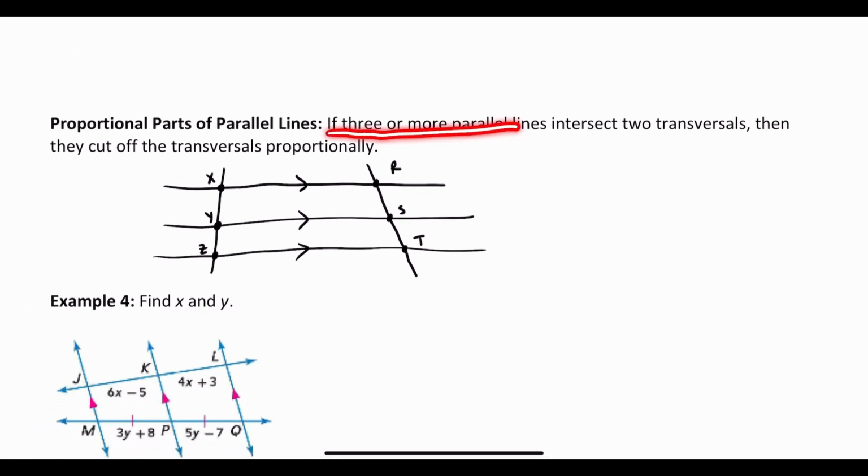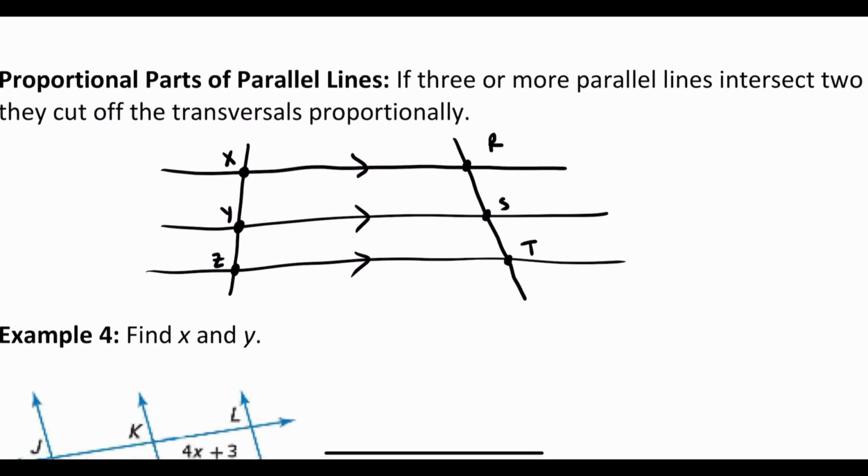One more time: if 3 or more parallel lines intersect two transversals, then they cut off the transversals proportionally. So I can take this part over this part and set that equal to this part over this part.